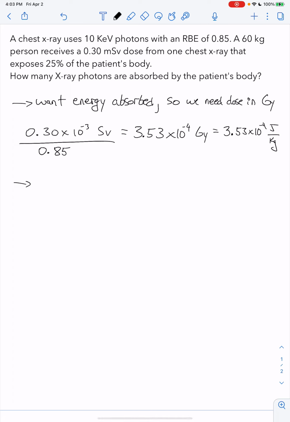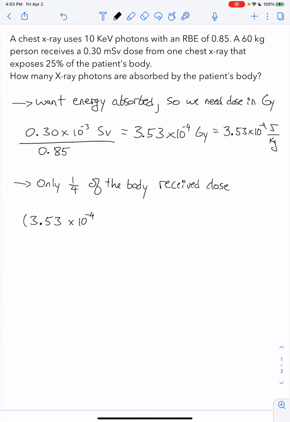Okay, so let's think about the mass. Now we know that only 1/4 of the body was receiving the dose. And so what we're going to do is say, well, we've got this per kilogram dose, 3.53 times 10 to the negative 4 joules per kilogram, and multiplying that by 60 kilograms divided by 4.